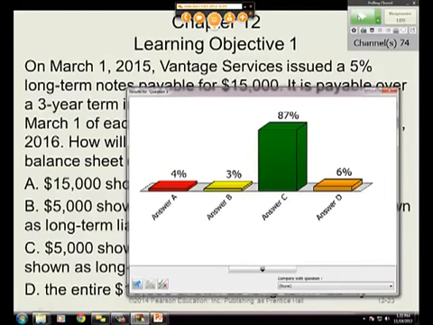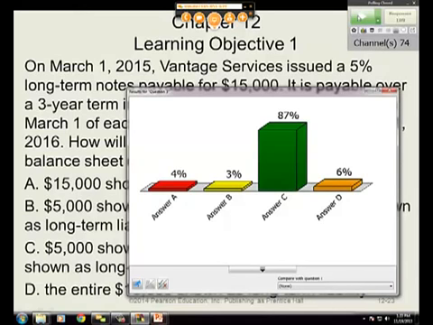This is something we did about 15 minutes ago. If you have a $15,000 debt that's payable in $5,000 installments, at the end of the year it should be split. 5,000 should be current and 10,000 would be long term.